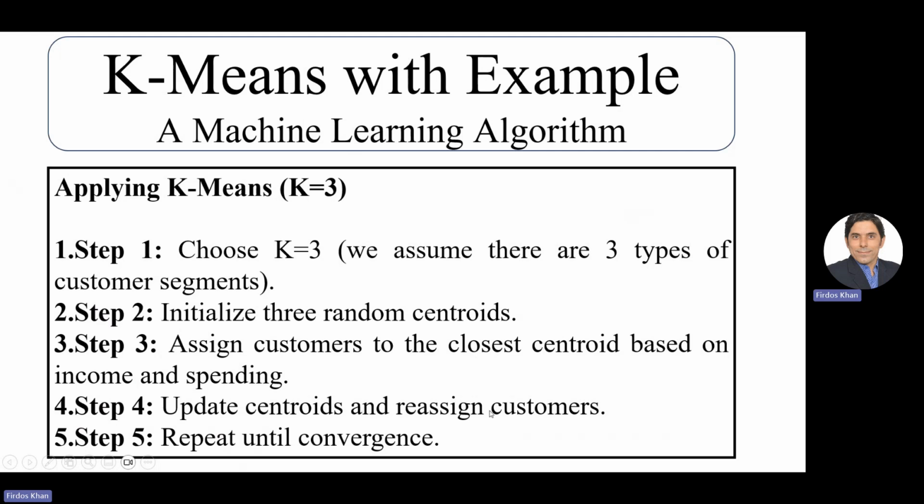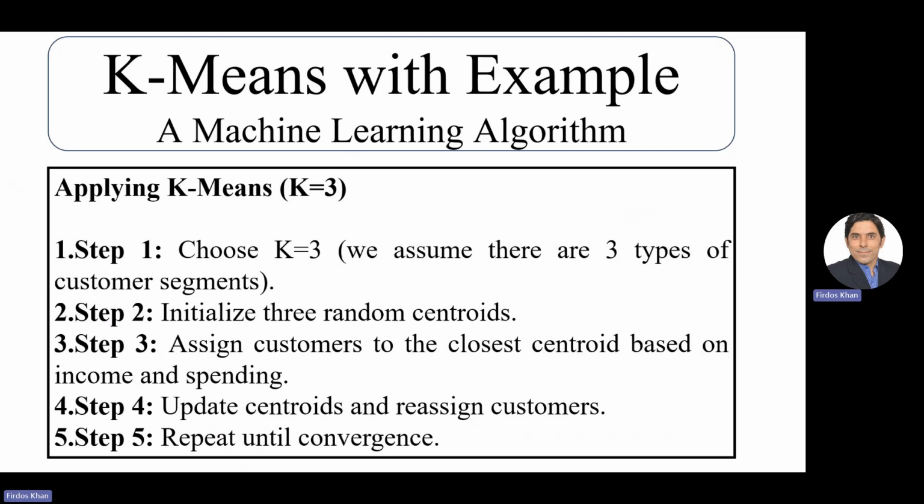Update centroids and reassign customers. We now need to update the centroids. Now you have the data points for each cluster. You need to calculate the central value, the average value of the data points in each cluster, and update the centroids, and then reassign the customers, because maybe there are some changes: initially there were random centroids, and now there are values in each cluster.